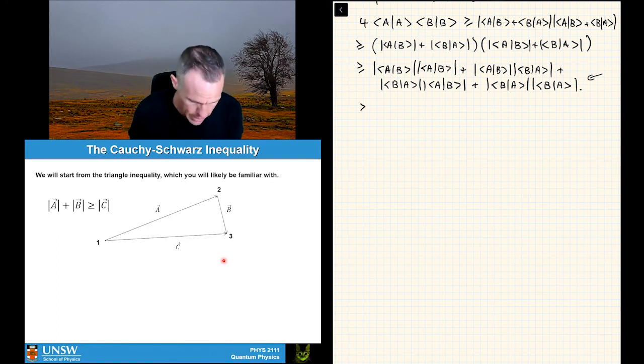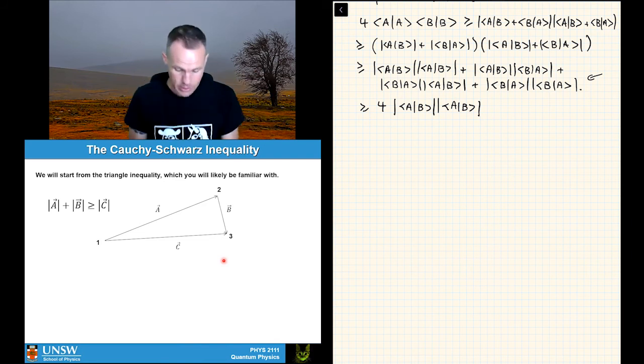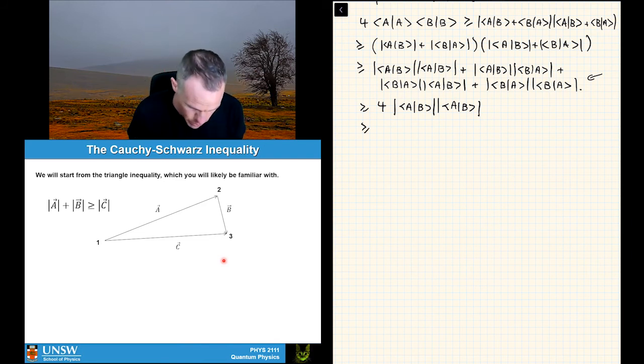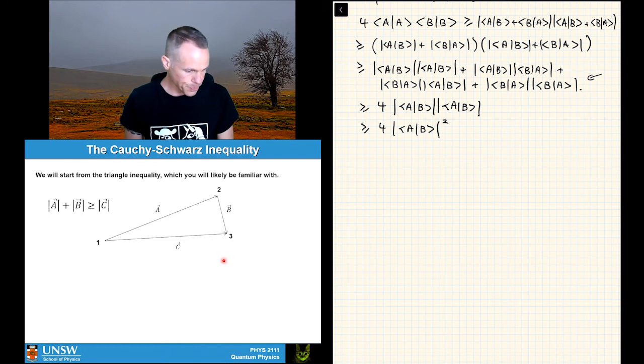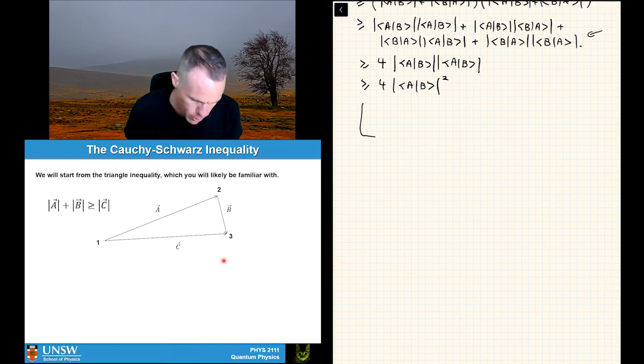What this is really saying is that it's greater than or equal to 4 times (A,B)(A,B), because we could write any of those either way around. It doesn't really matter, so we can collapse that term. And we could put this thing just as (A,B) squared, okay?